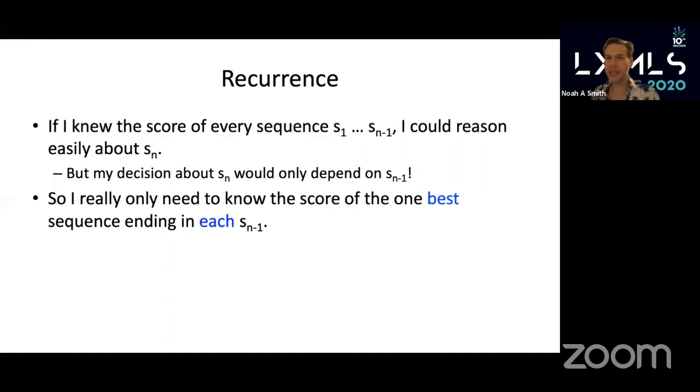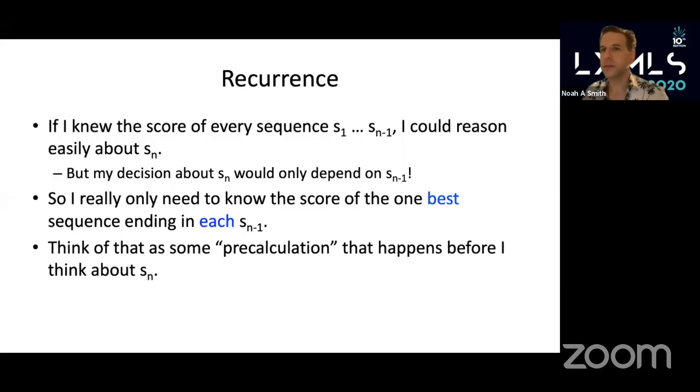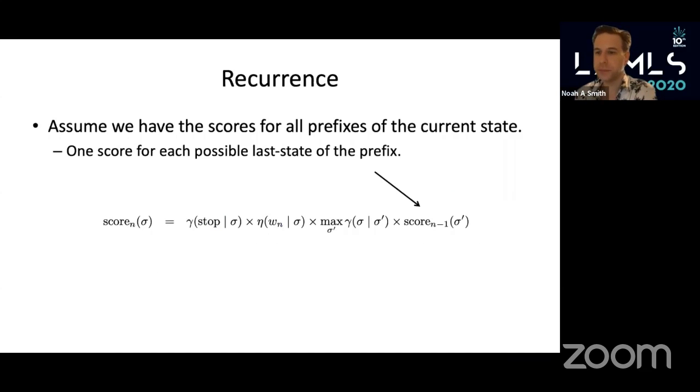So what I really need is to know the score of the best sequence that ends in each S sub n minus 1. If I had a value for each preceding label, pre-calculated, then I could make my choice about S sub n. So I want you to think about that best prefix score for each possible choice for the preceding label as a pre-calculation that's going to happen first. And then once I've done that, I can make my choices.